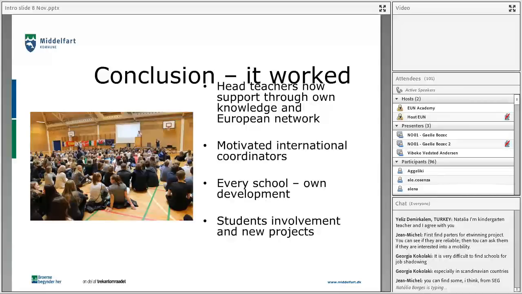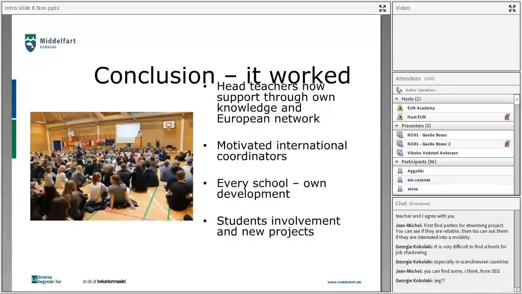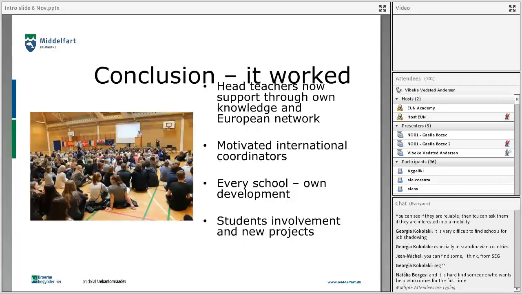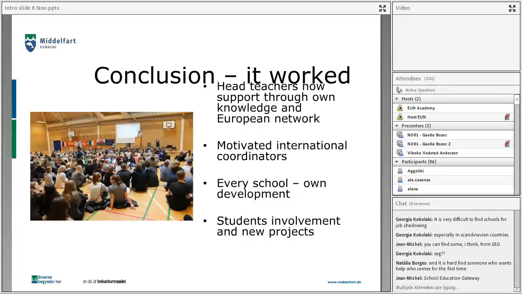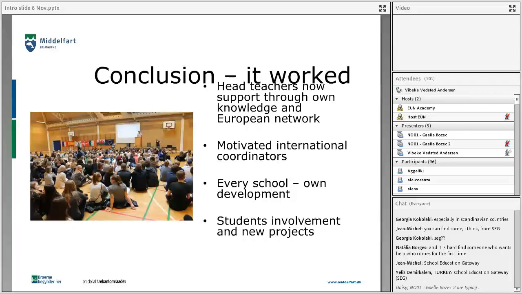We can conclude that the head teachers know how to support their international coordinator through their own knowledge and also a European network. We can also see that our international coordinators are motivated. We can see that every school is working with the international dimension.